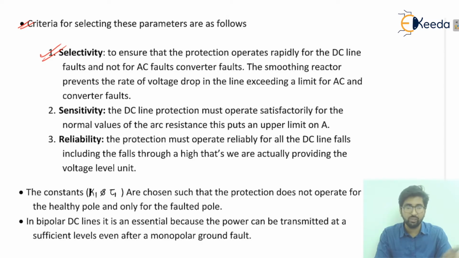Whenever a DC line fault occurs, it should be detected and sensed reliably, and not for faults in the converter. The smoothing reactors prevent the rate of voltage drop in the line from exceeding a limit for AC and converter faults.